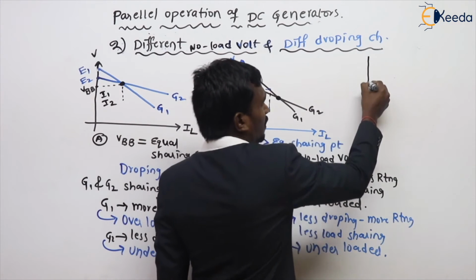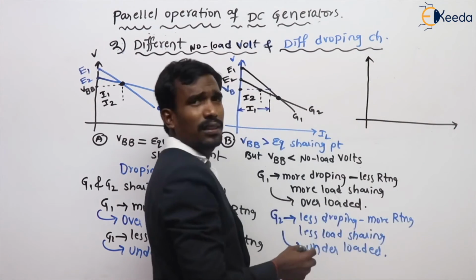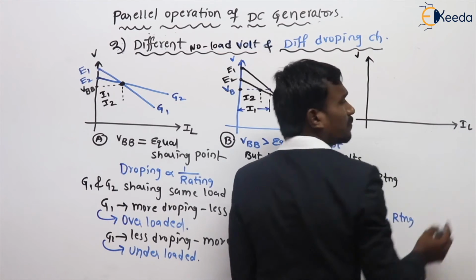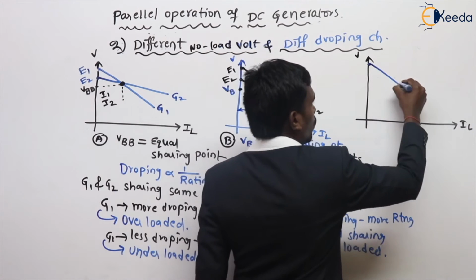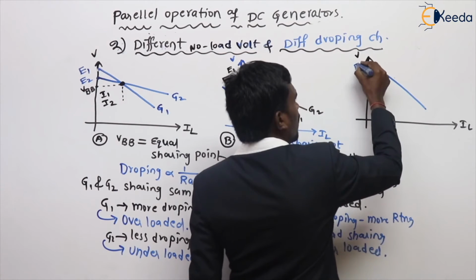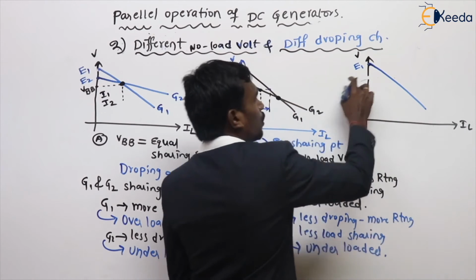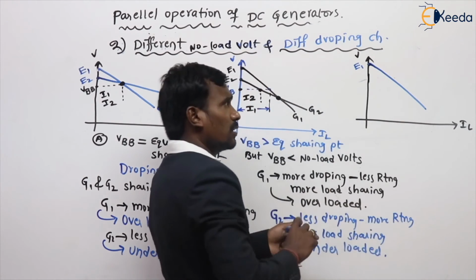So the third one. See here. Is it okay? This is V and this is IL. So different no load voltages and different load sharing. Different no load voltages as well as different load sharing.